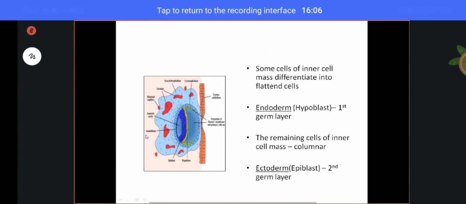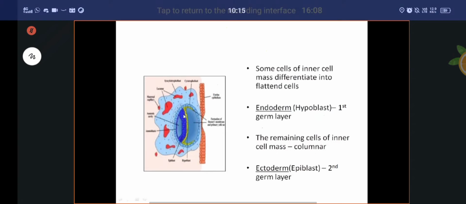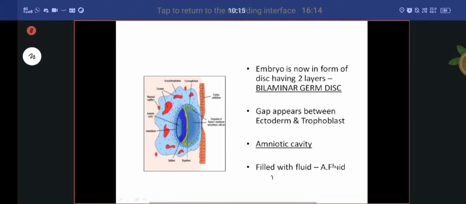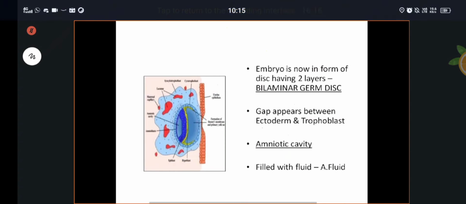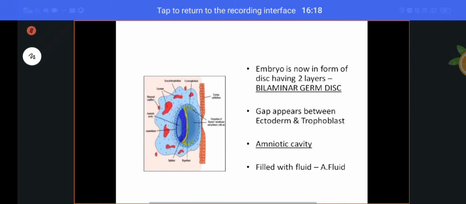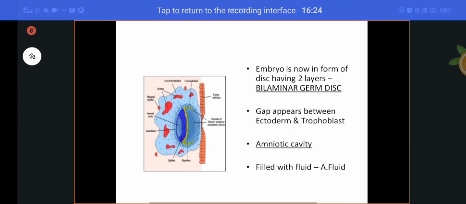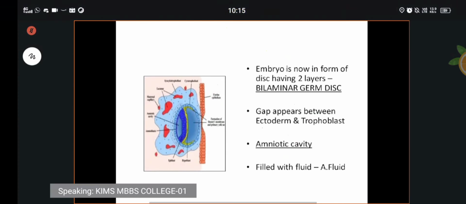Like endodermal cells, they are columnar in nature. At this stage, the developing embryo is also called the bilaminar germ disk.